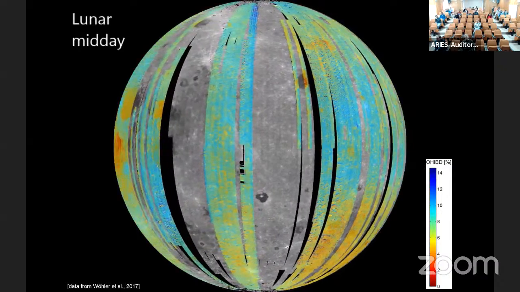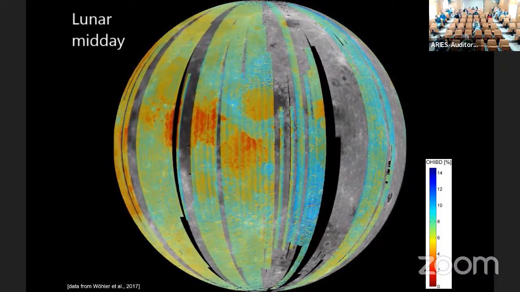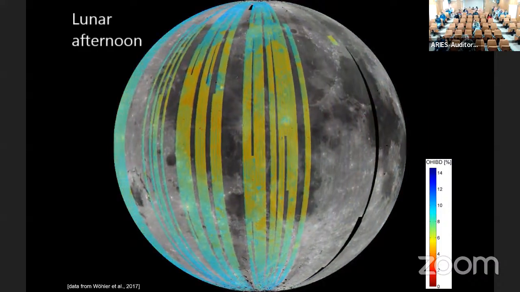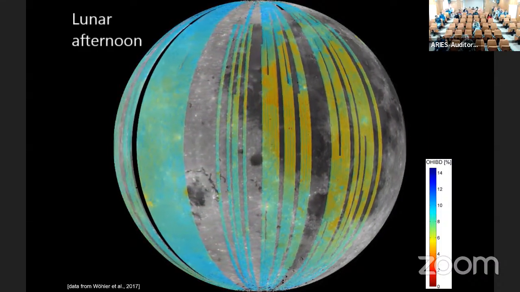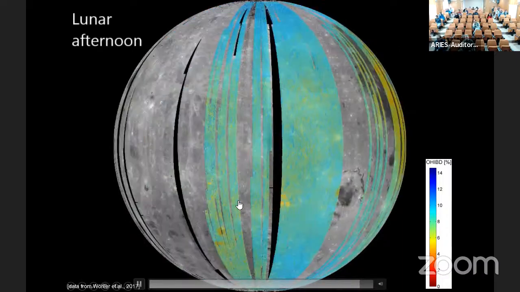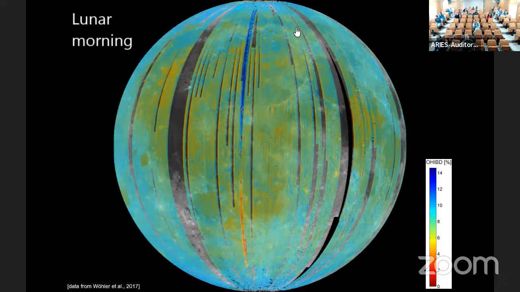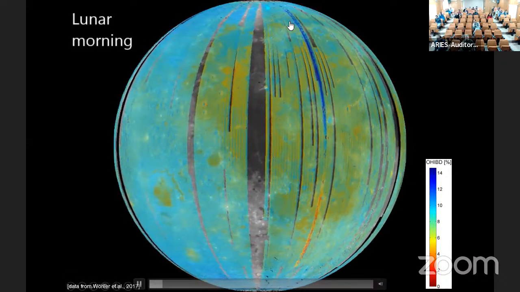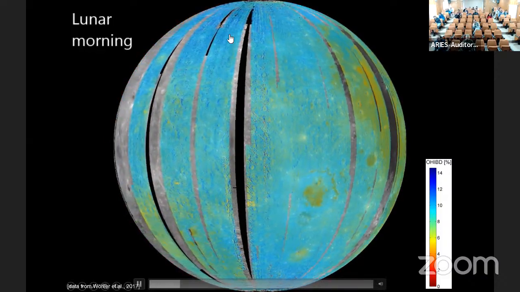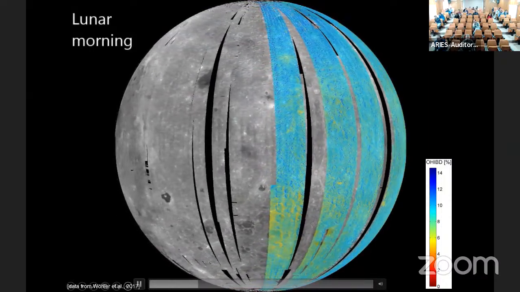And when we go to the evening, we will see that the situation gets back to morning again, more or less. And you can see there is again a latitudinal dependence here, like in the morning. Okay, this is afternoon. Here is the latitudinal dependence near the poles. There is simply more of this. There's a stronger 3 micron band.